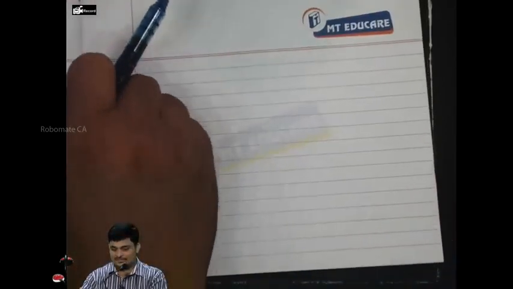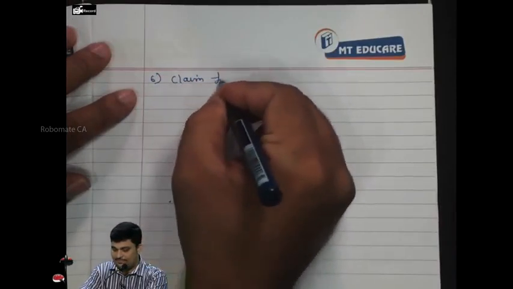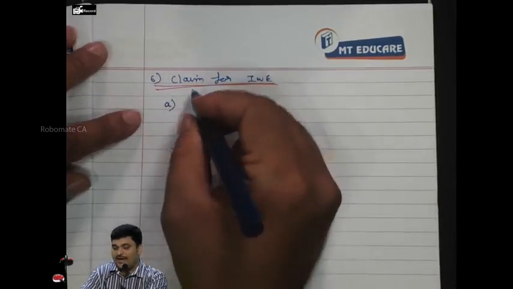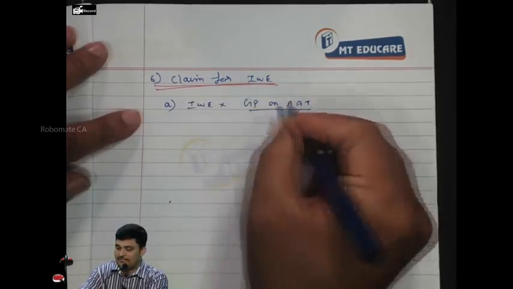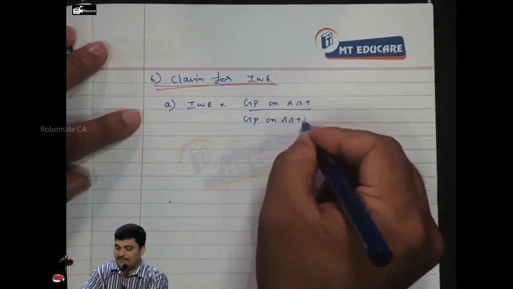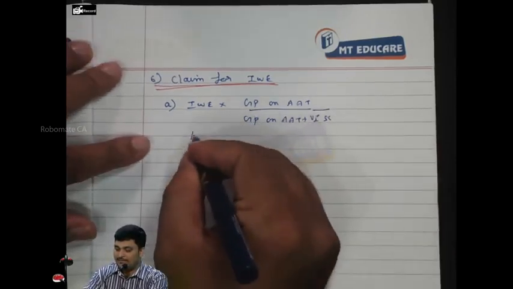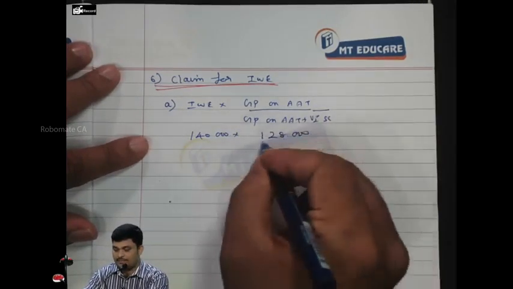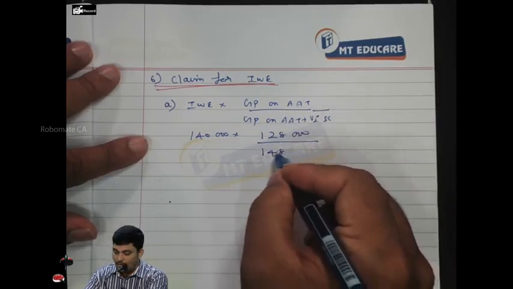Now claim for IWE into GP on AAT. So IWE is 1 lakh into 1 lakh. Oh, okay.